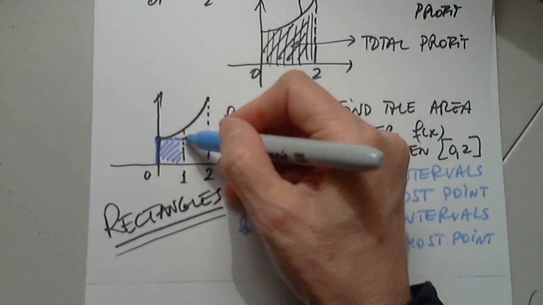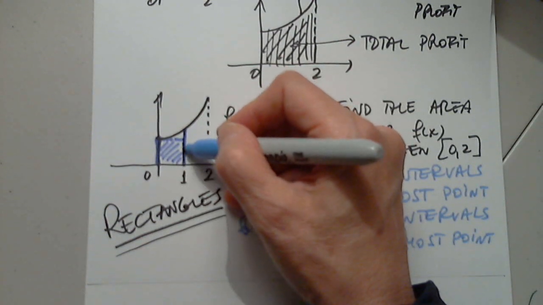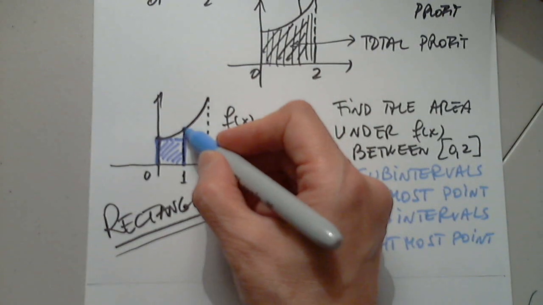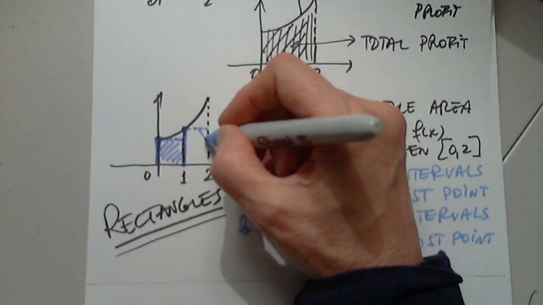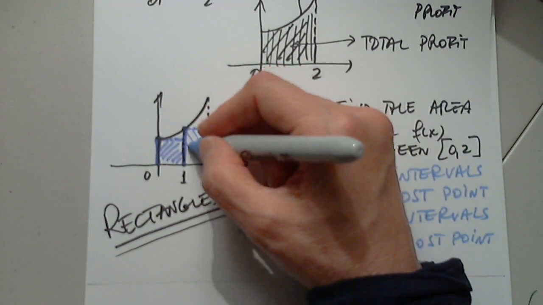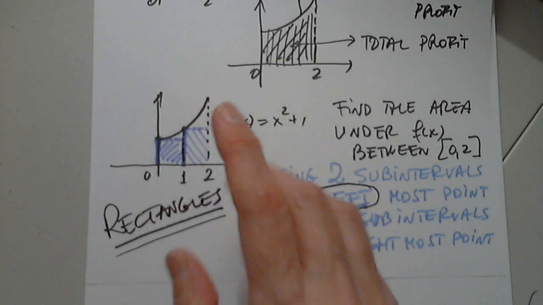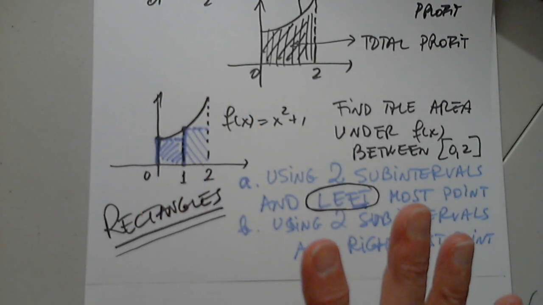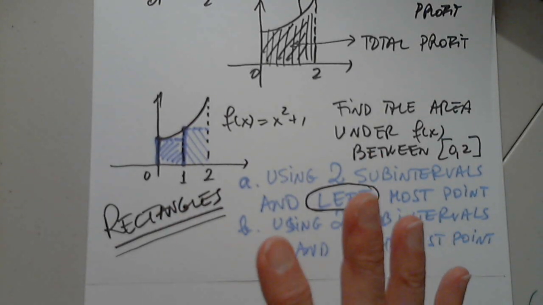The next rectangle starts at 1, where the vertical line at 1 hits the graph. And then I go to the right horizontally, and this is the second rectangle. You can say, but this is nowhere near the entire area. That's true. It's not. But that's all I have for now.